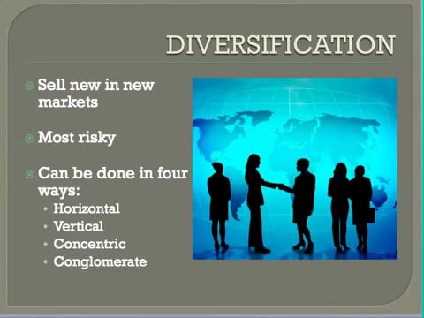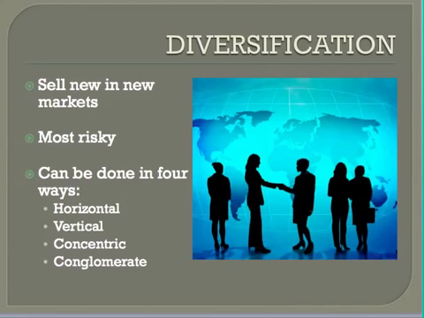This strategy sells new products or services within completely new markets. It is the most risky. Yet, it can also decrease risk, since a large corporation can spread some risk if it operates on more than one market. There are four different ways of diversification.